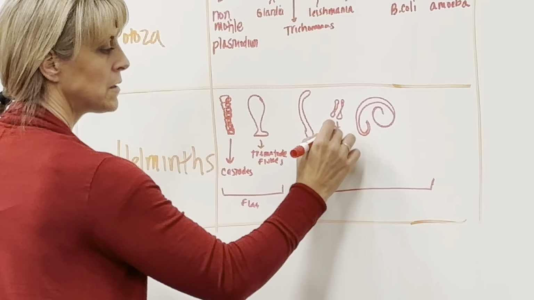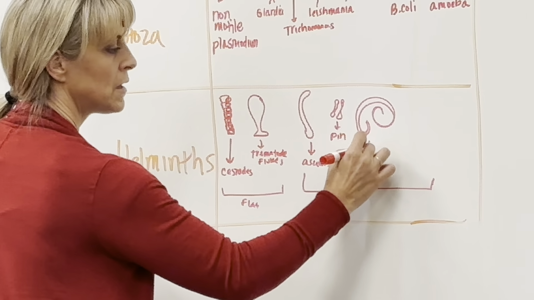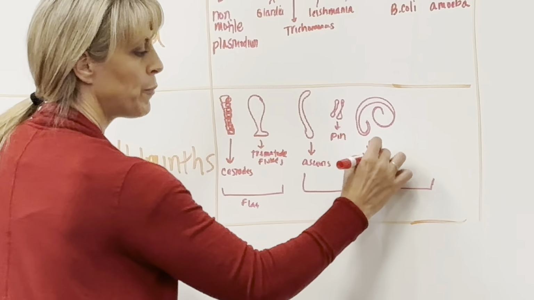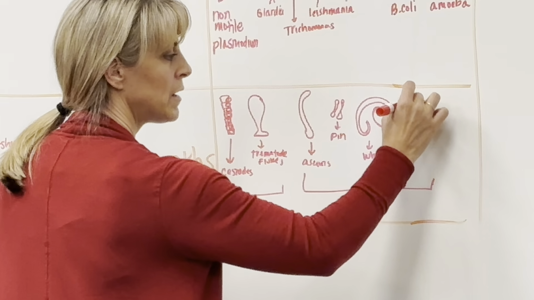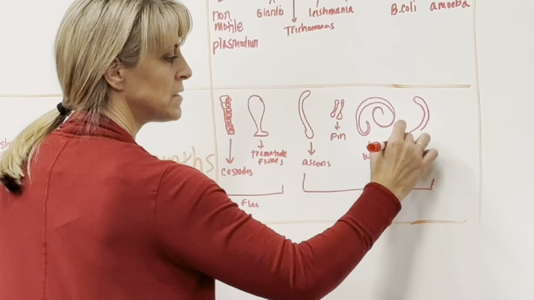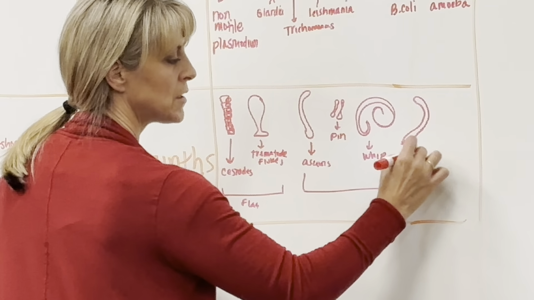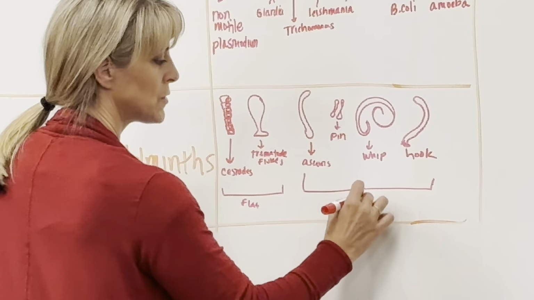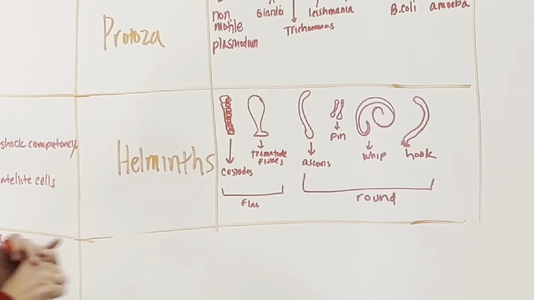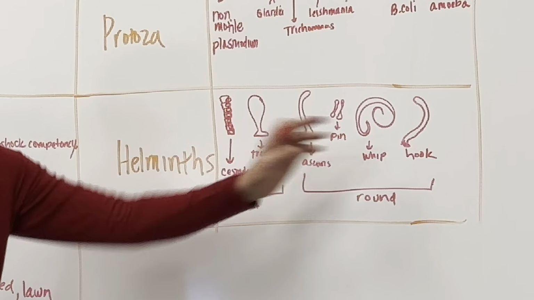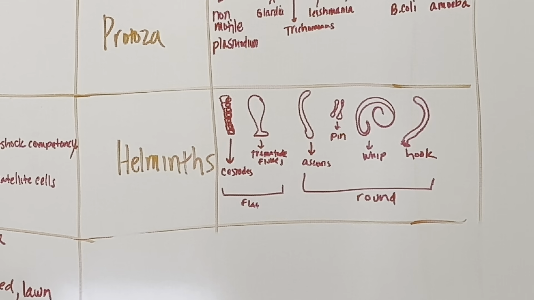These are pinworms. This is a whipworm. You always see it inside of someone, but here it has little teeth. This is a hookworm. These are all round. We'll try and see what we can see today, but in the microscope they're giant, so you wouldn't need a microscope.